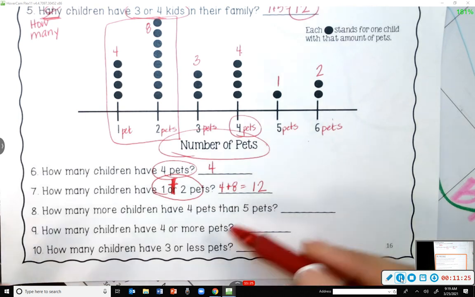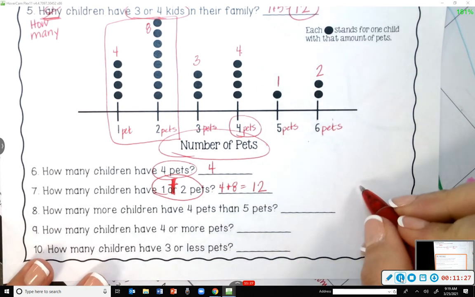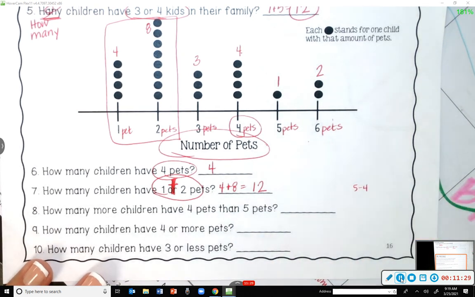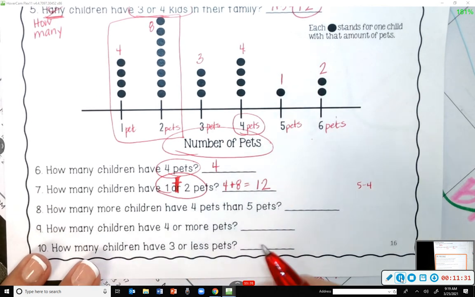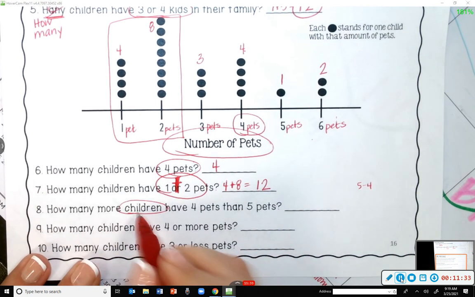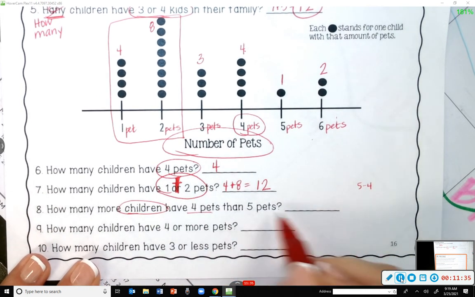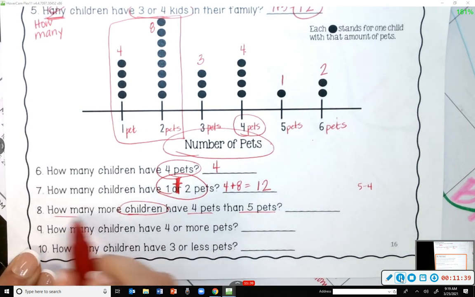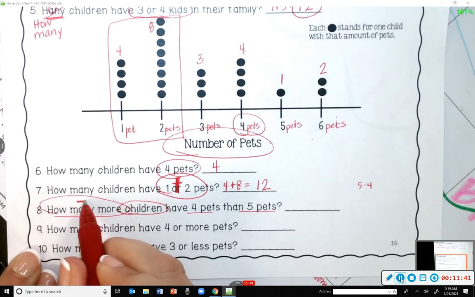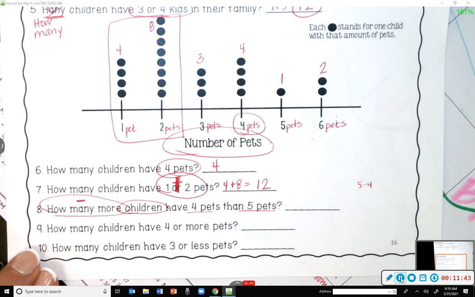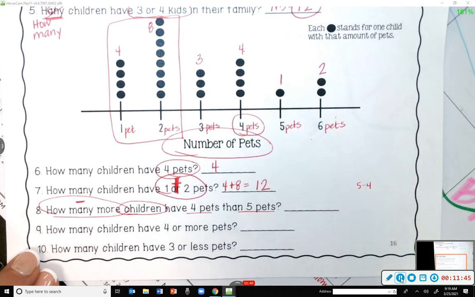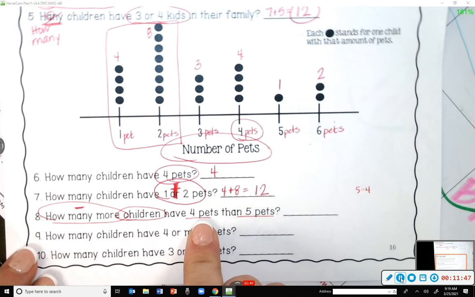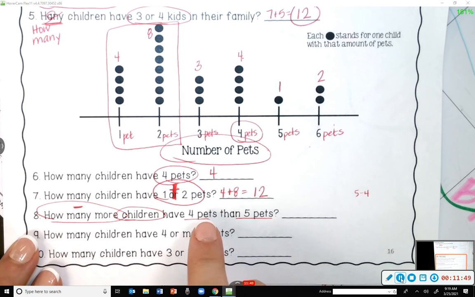So some of y'all went over and y'all subtracted 5 minus 4, but that's not what you needed to subtract. You're subtracting the number of children that have 4 pets and 5 pets, okay? So y'all knew that how many more meant to subtract, which is good, but we're not using the correct numbers. So we needed to go up to the dot plot and find the number of children that have 4 pets.